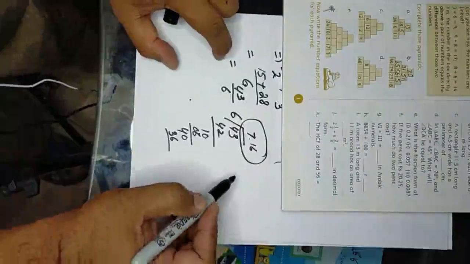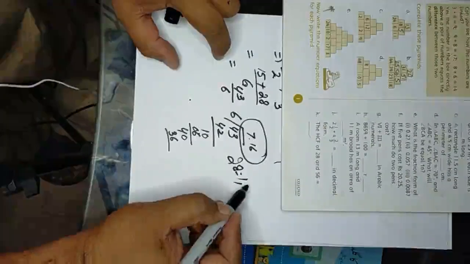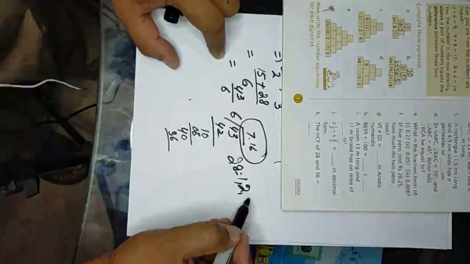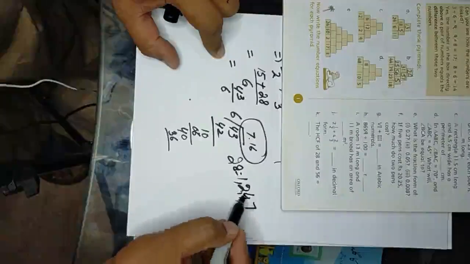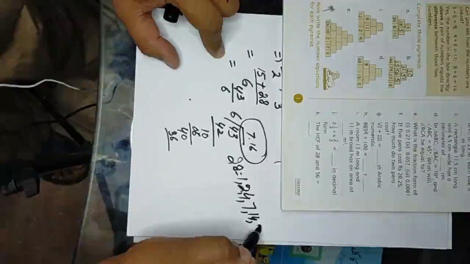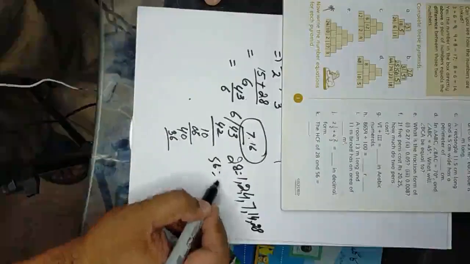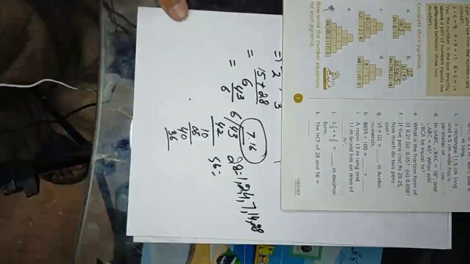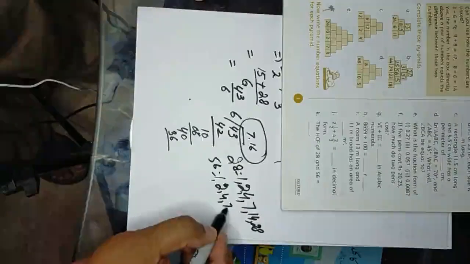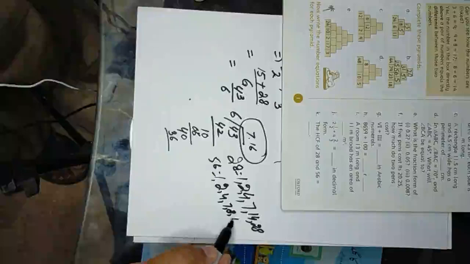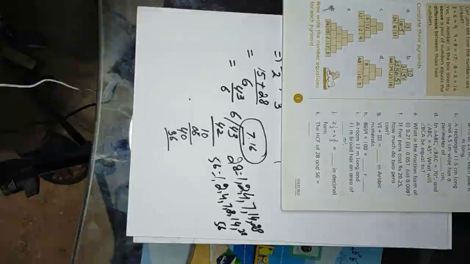For example, 28, which ones will divide it? 28 is divisible by 1, also by 2, not by 3, by 4 yes, right? Not by 5, not by 6, by 7 yes, 7 4s are 28. Right? Same is the case with 56. 56 is divisible by 1, also 2, 4, 7, 8, 14, 28 and 56, right?